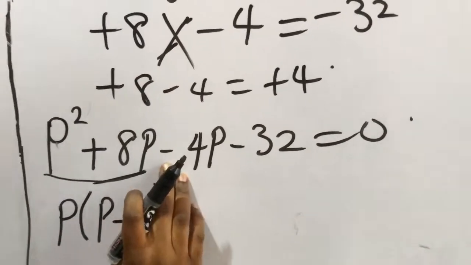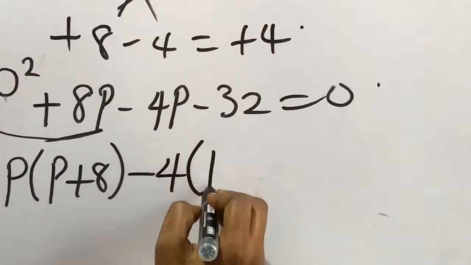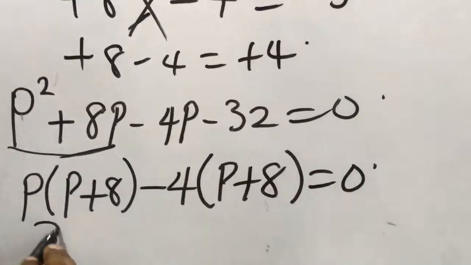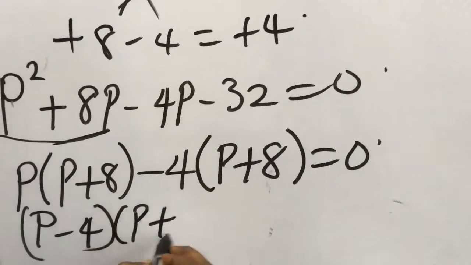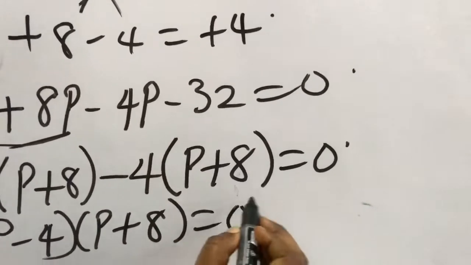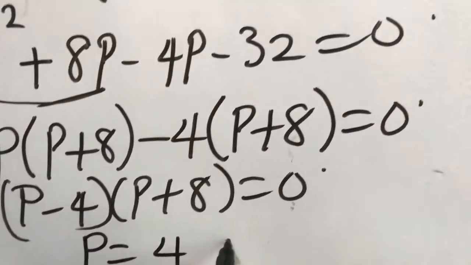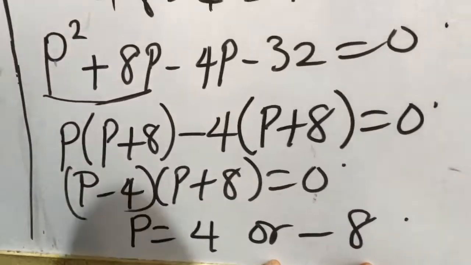Then factorize minus 4 out here, minus 4, then we have p plus 8 is equal to 0. So p minus 4 multiplied by p plus 8 is equal to 0. So invariably you can say that your p is equal to 4 or minus 8.